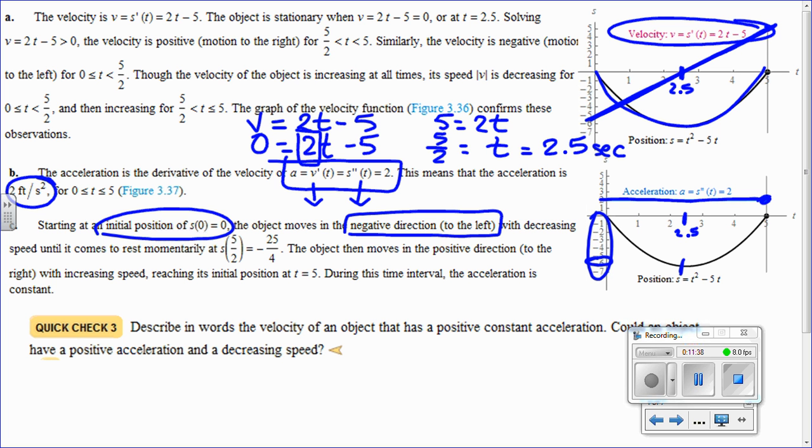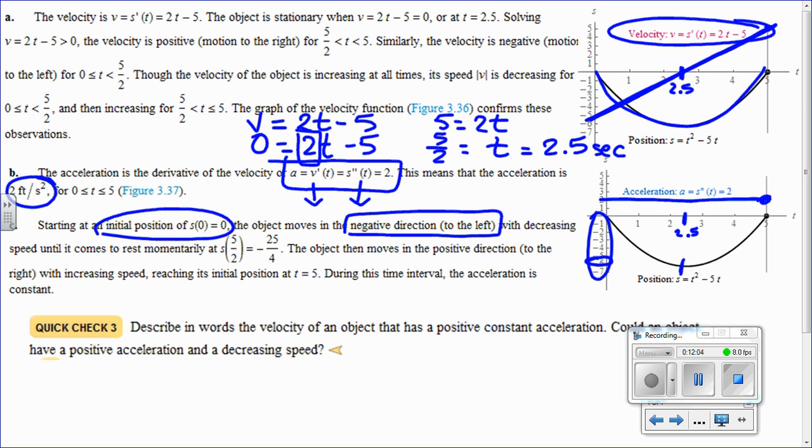Increasing speed, okay, so we know it's moving to the negative direction to the left, with decreasing speed. I'm not very convinced.